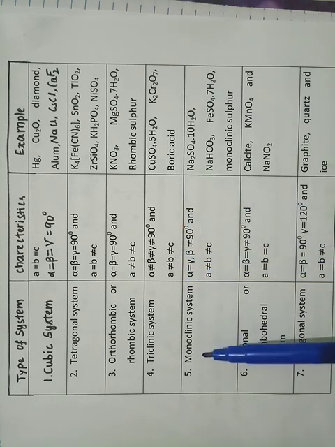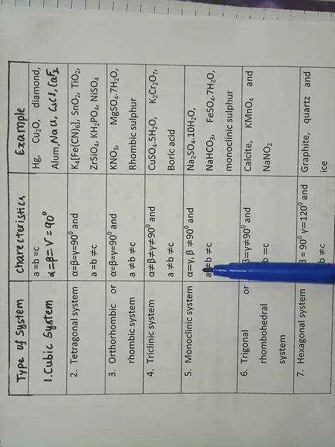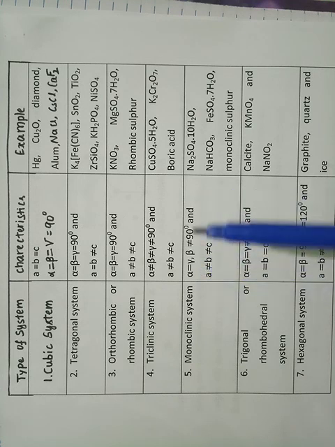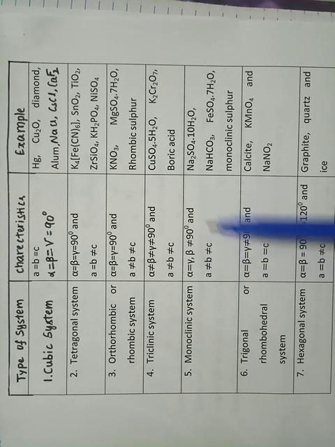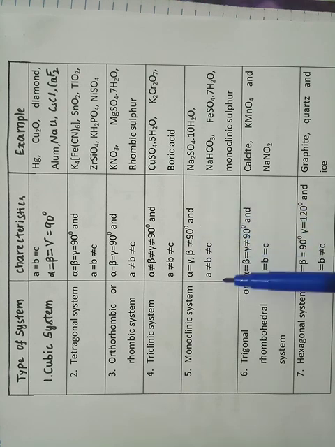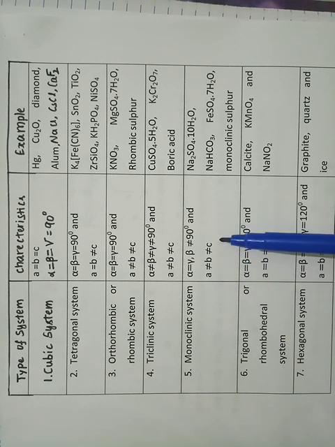In the monoclinic system, two angles between the axes are equal to 90 degrees and one angle is not equal to 90 degrees, and all the intercepts are not equal in length. So that is the monoclinic system.